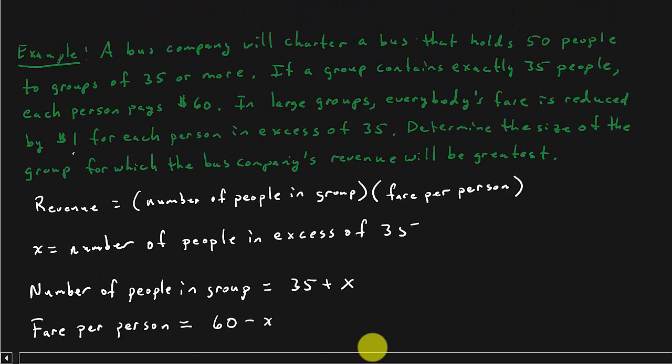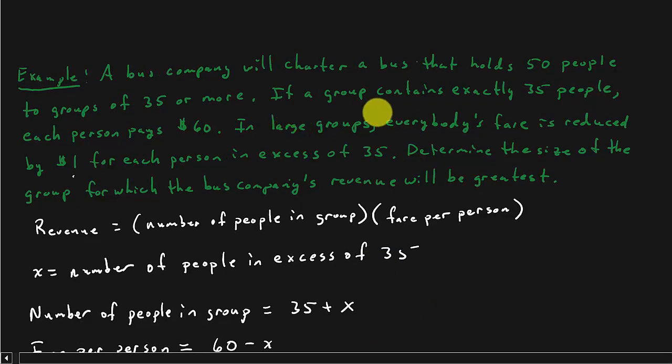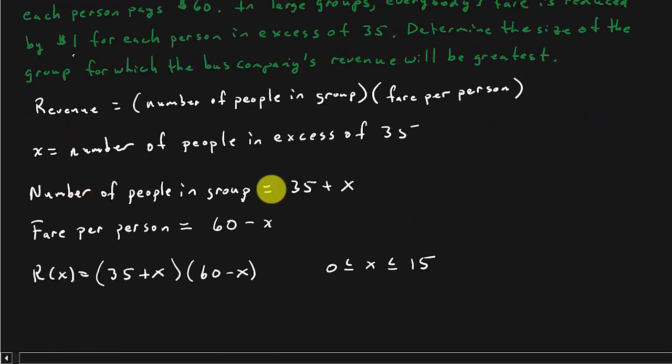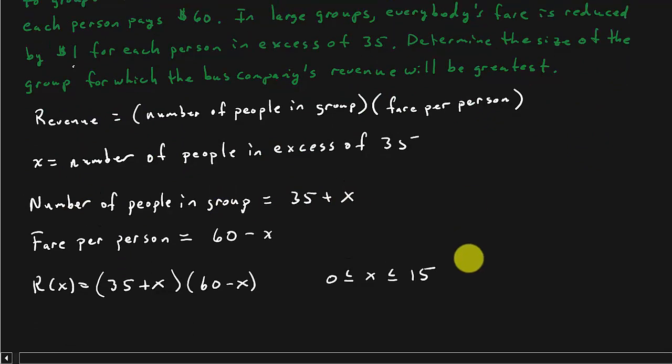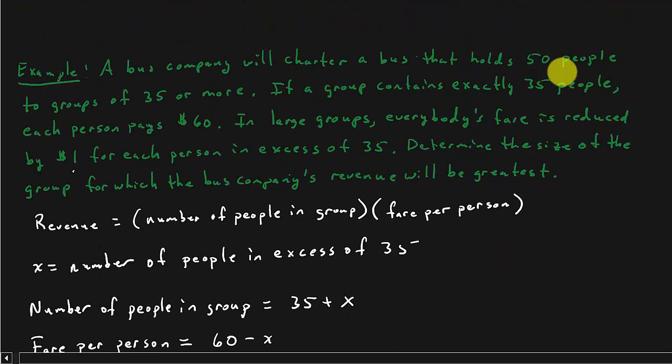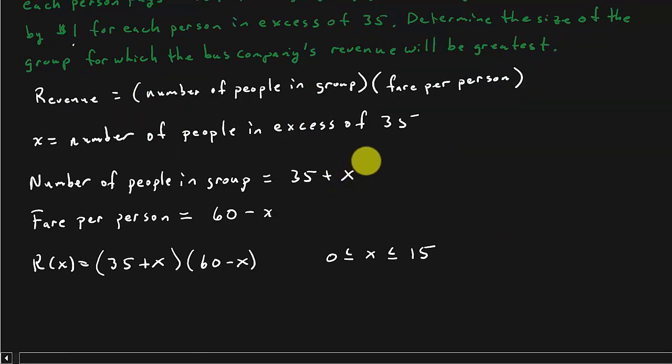Well, if a group contains exactly 35 people, that's when x is 0, that would give us our 35 people, and it can go up to 50. So the 35 plus x is going to be a total of 50. So x would be 15. So that's why it's going from 0 to 15.